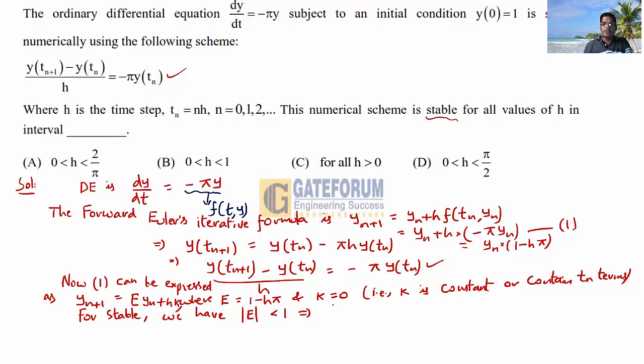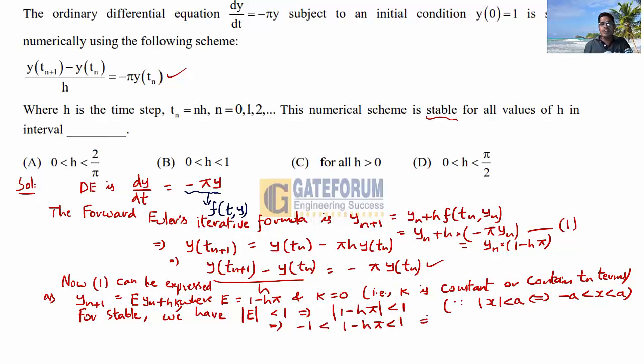So mod E, that is mod 1 minus h pi less than 1. Since modulus inequality mod x less than some a can be written without modulus as minus a less than x less than a, I can write minus 1 less than 1 minus h pi less than 1.